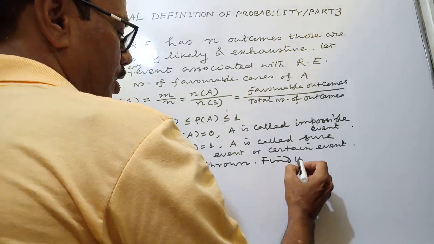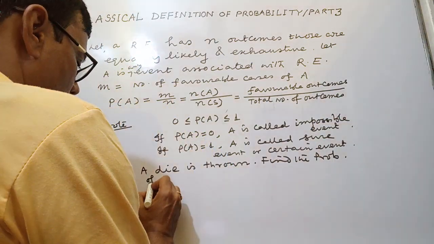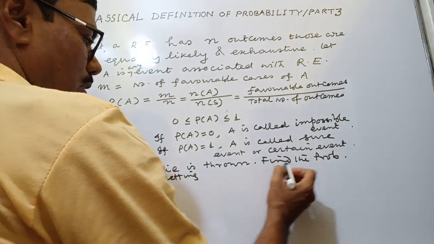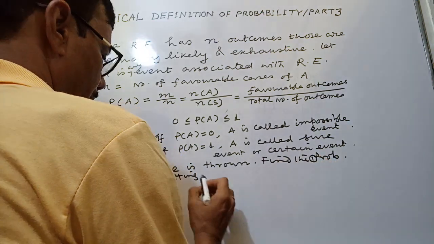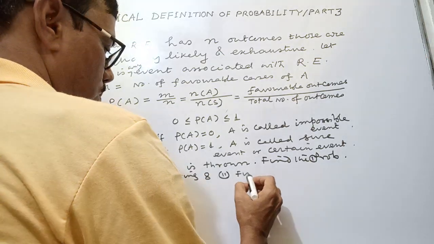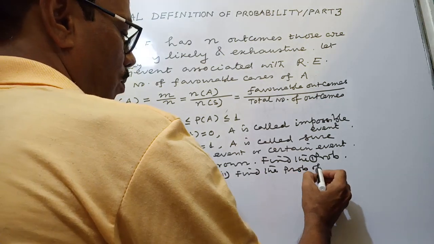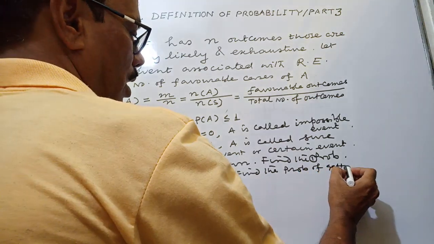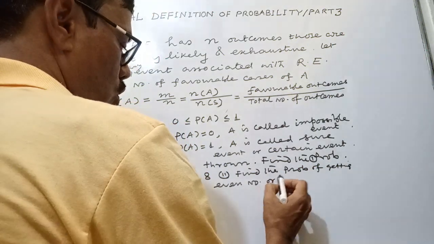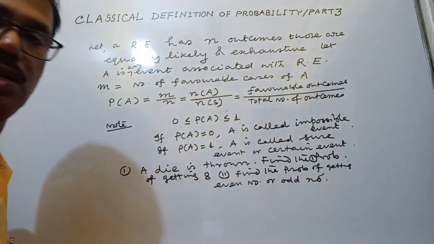Find the probability of getting 8. Find the probability of getting an even number or odd number.